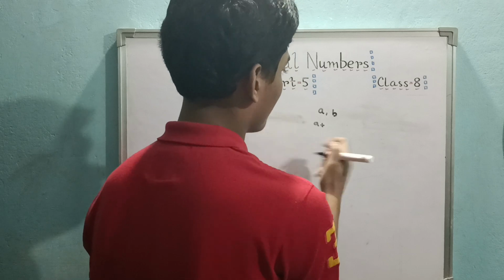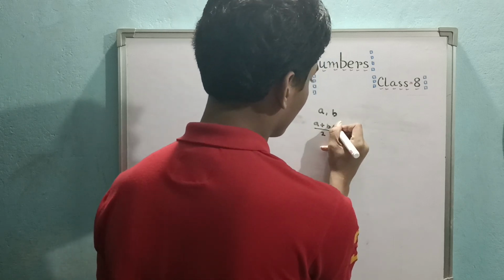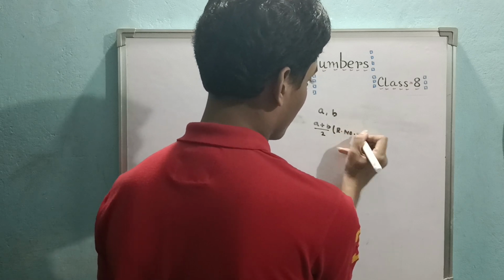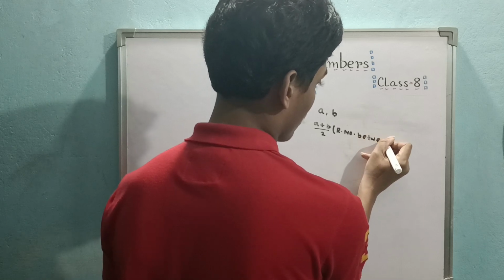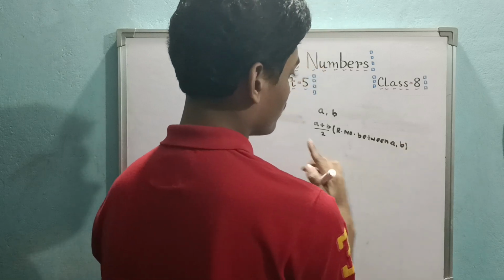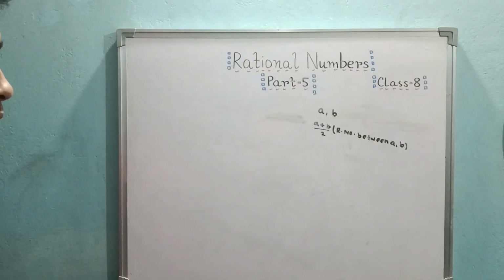I am writing r number, the rational number between a, b. That's how you can do. This is the method of inserting one rational number between a and b.